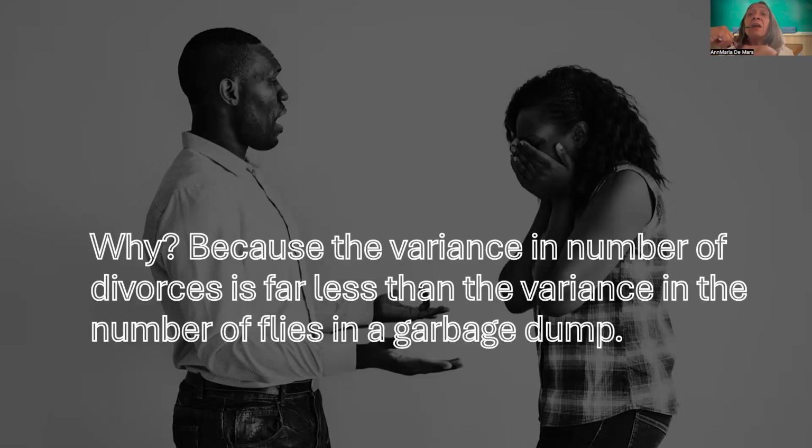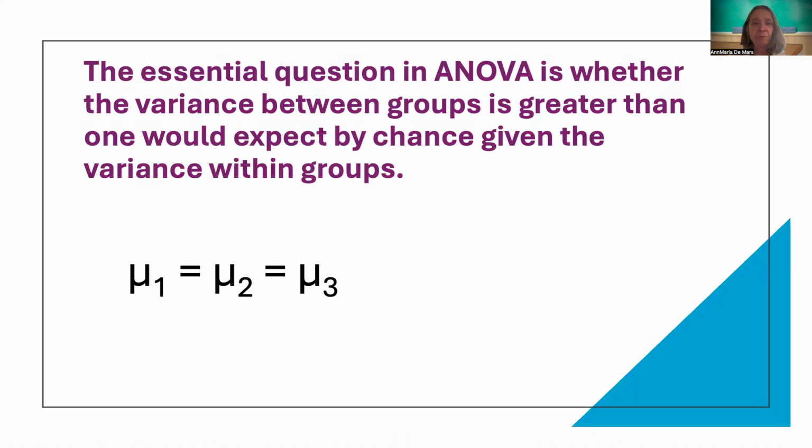So if there's a lot of variance in something within the groups, like within the number of flies in a garbage dump, you might expect that there'd be a good amount of variance between groups, like say two different dumps. But if there's not a lot of variance within groups, then you wouldn't expect a lot of variance between groups.